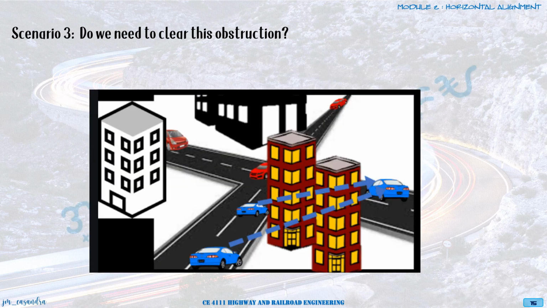Then, we have scenario 3, do we need to clear the obstructions? So ditong corner, okay lang kasi nakikita ng sasakyan galing dito yung sasakyan na paparating. Pero ditong side, medyo alanganin kasi hindi nakikita ng sasakyan na galing dito yung sasakyan sa side nito. Okay?